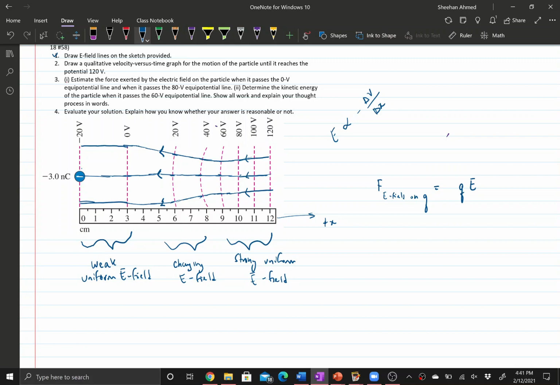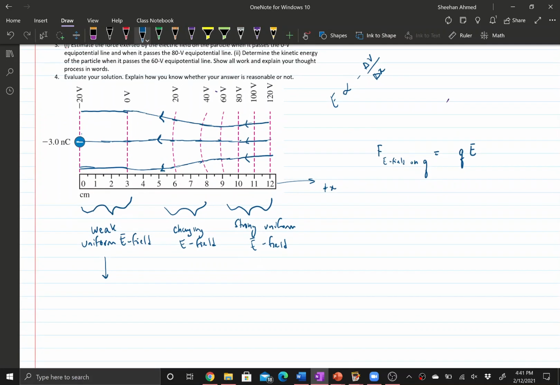Well, that means this leads to a weak force to the right exerted by the field on the charge. And this one is a strong force to the right exerted by the field on our charge.